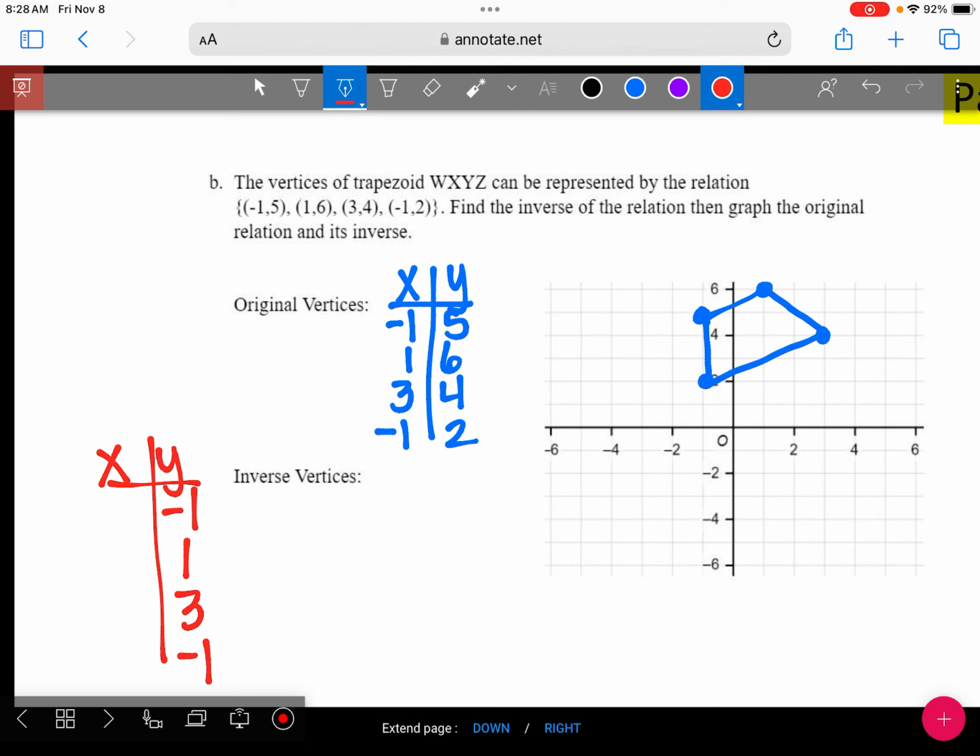And then under X, I'm going to put my Y value. So these 4 numbers are going to go under X. 5, 6, 4, 2. So now you're going to graph those 4 points. So plot a point at 5, negative 1, 6, positive 1, positive 4, positive 3, and positive 2, negative 1, and connect it.